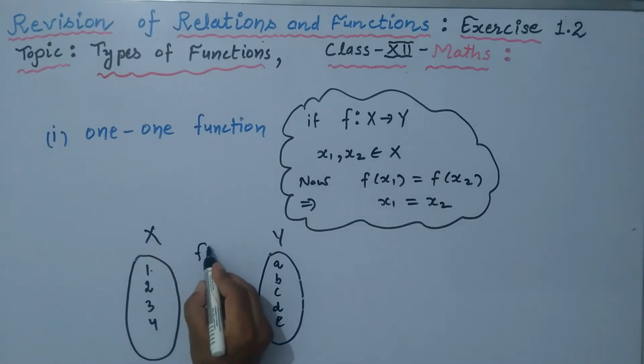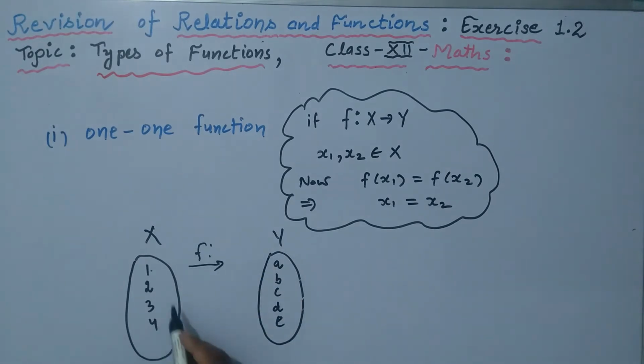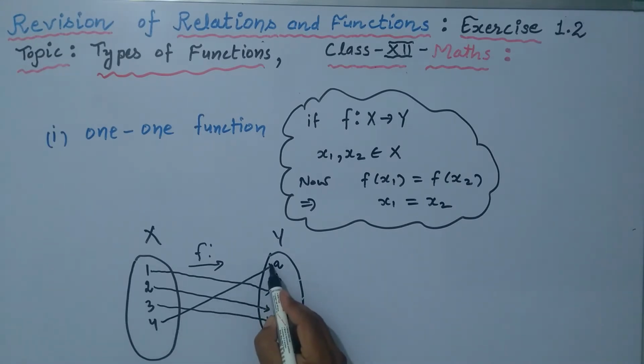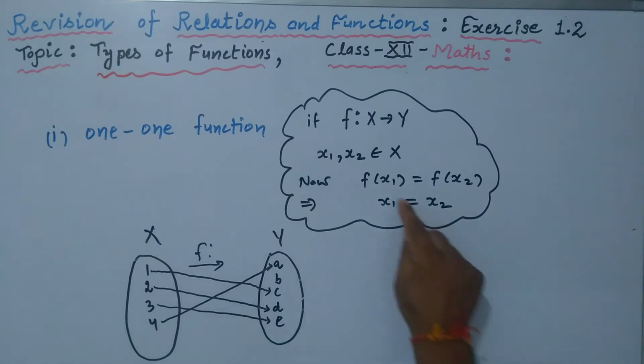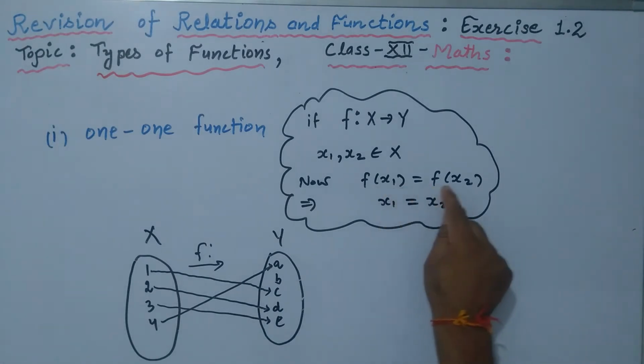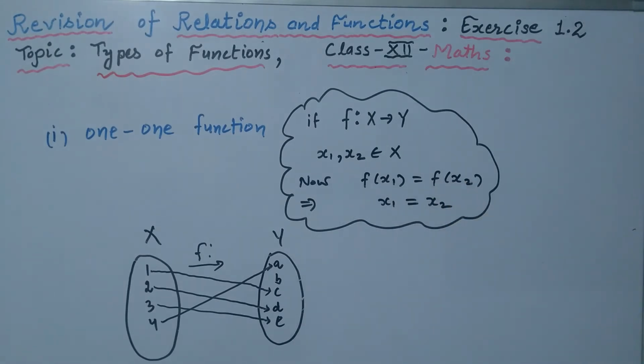So this is the mapping f from x to y. Suppose 1 is mapped with c, 2 is mapped with d, 3 is mapped with e, and 4 is mapped with a.